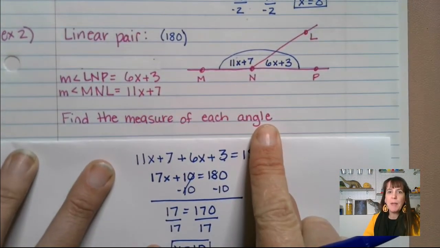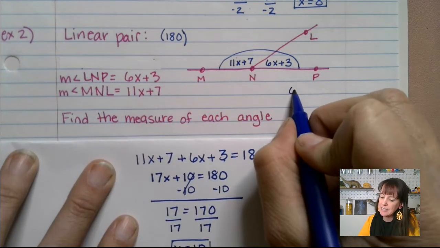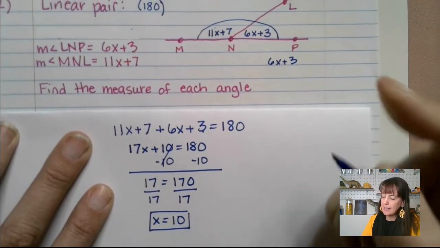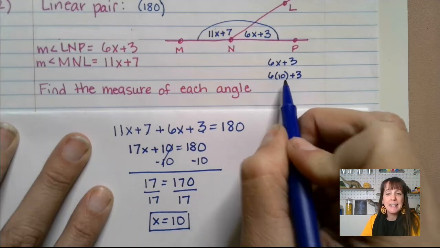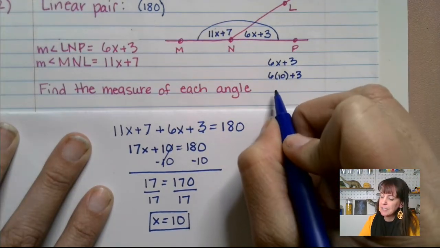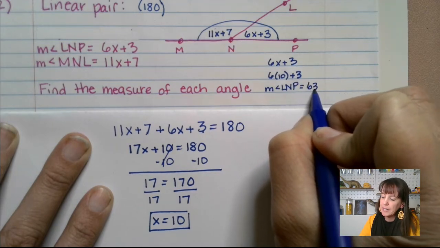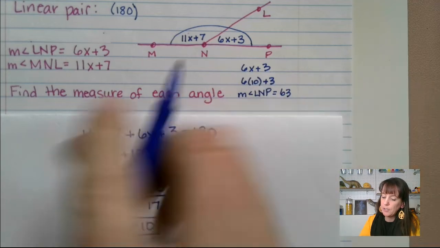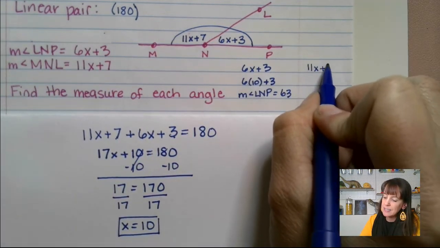Okay, well let's come back over here. The measure of angle LNP is 6x plus 3. Well, we know x equals 10, so we've got to plug that in here. 6 times 10 plus 3. 6 times 10 gives us 60, plus 3 means that the measure of angle LNP equals 63. Now, for the other one, the measure of angle MNL, that was 11x plus 7.